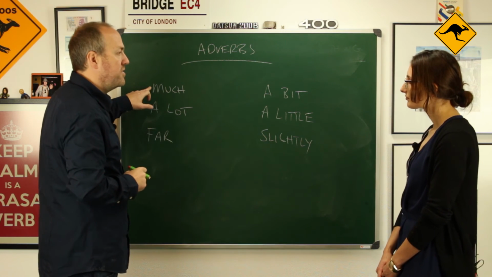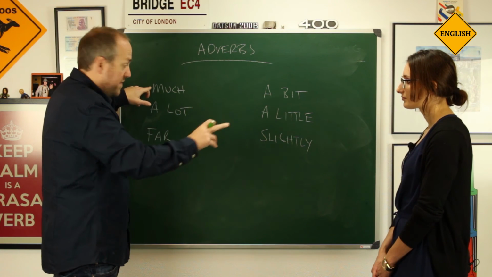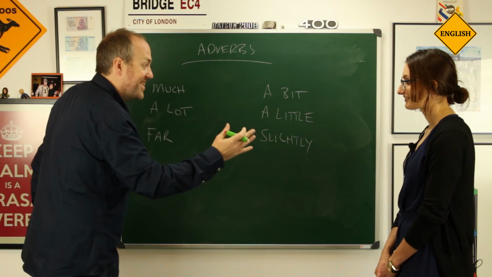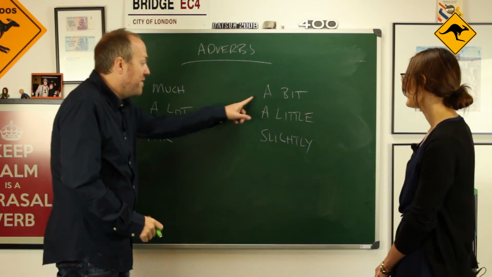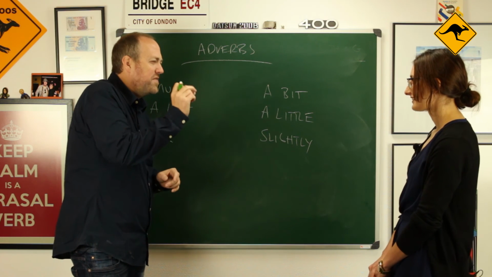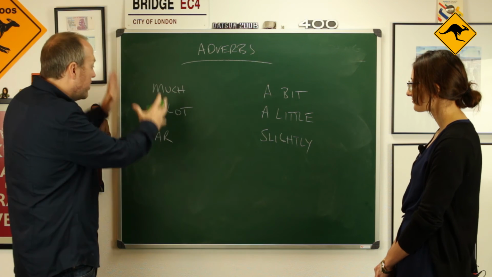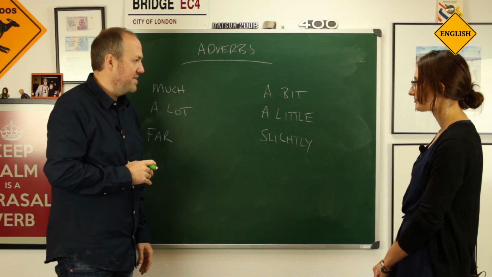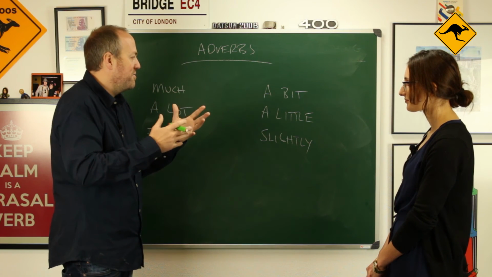So, for example, I could say Taylor Swift is much better than Shakira. Or if I want to say it a little bit, I could say Taylor Swift is a bit better than Shakira. So these are to increase, much, a lot, and far, and these are to decrease. And they would just help you to make your comparisons more interesting.